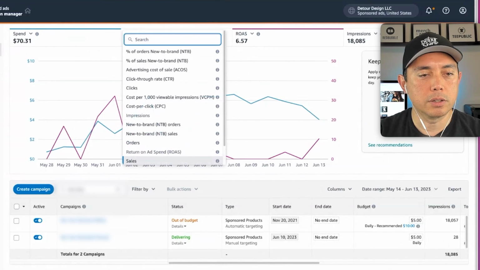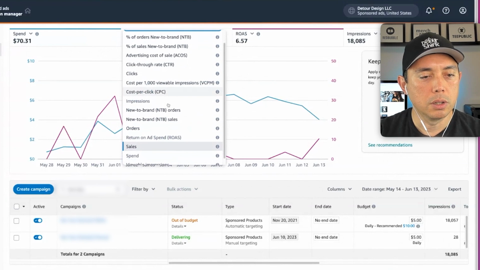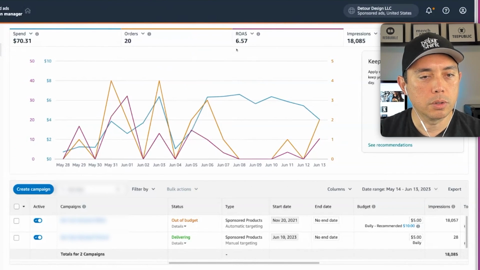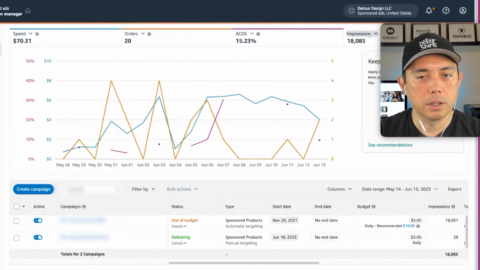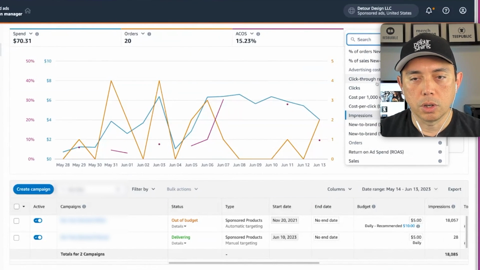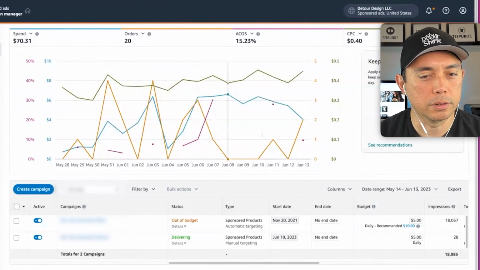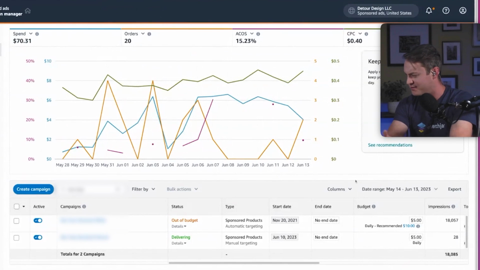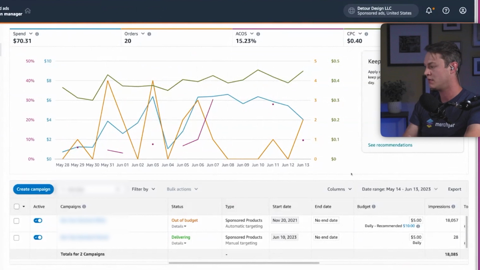Okay, let me change this to, what was it? Spend, orders, ACOS, right? And then CPC, cost per click. Okay, whoa, that's all over the place. They just changed their graphs a little, and that's okay. I don't pay a ton of attention to this because at the campaign level, this isn't where we're really looking at the data.